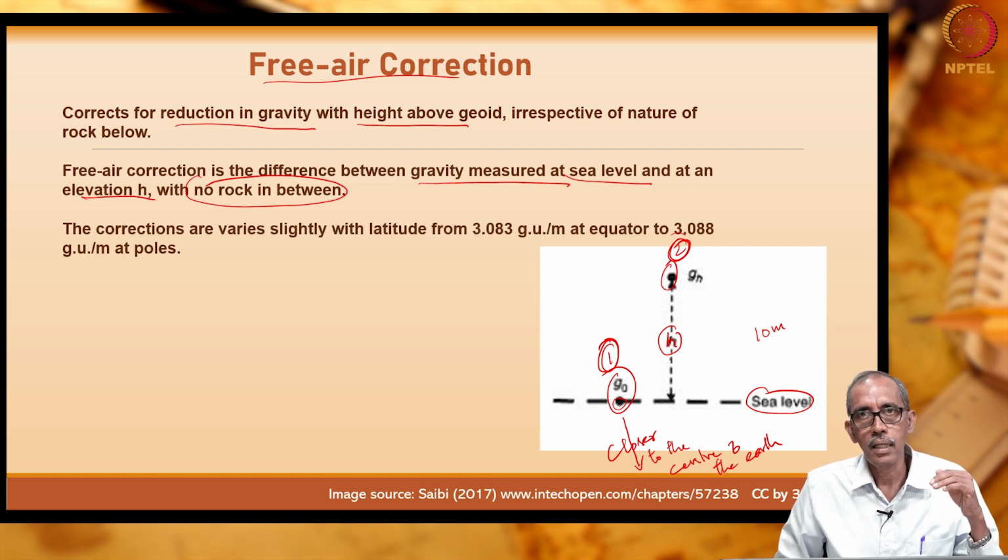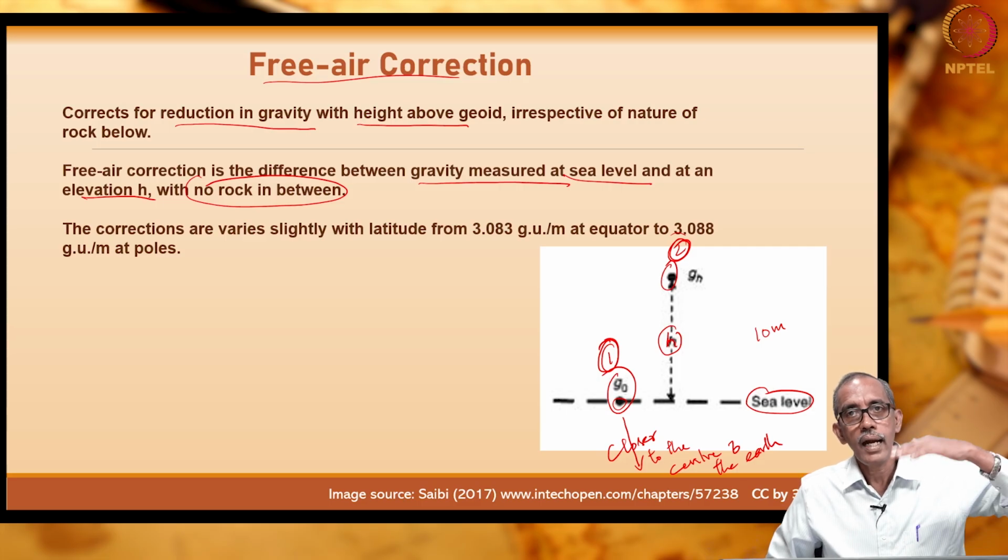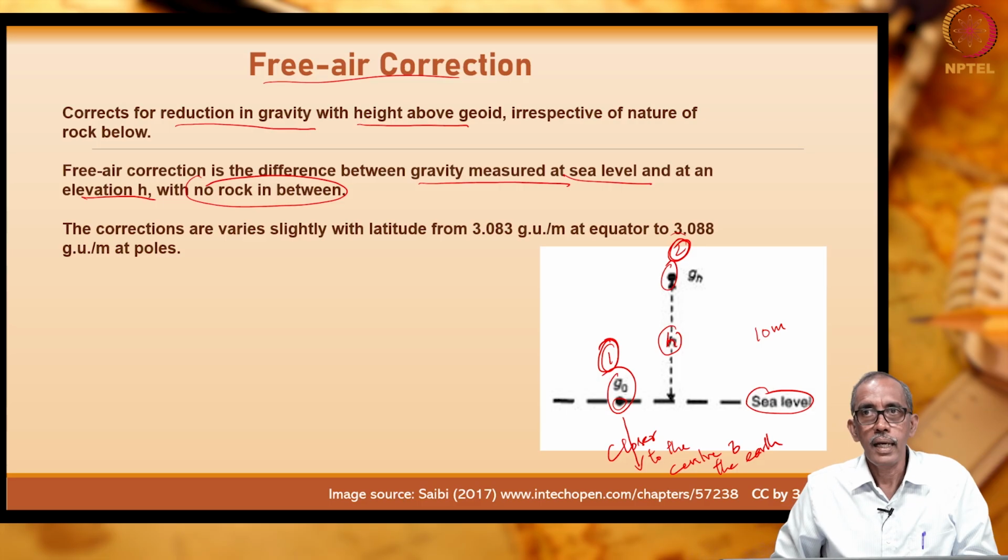Corrections with respect to elevation we had already seen, when we looked into calibration of the gravimeter. What was one method of calibration? How can we check whether the gravimeter we are using is functioning well or not? There also we had seen, by taking measurements at different altitudes, that the gravity value will vary by point.